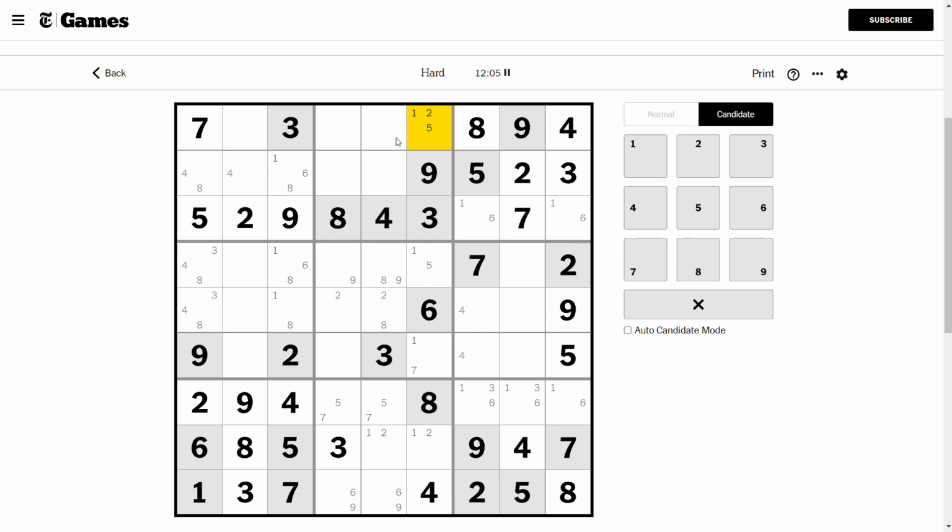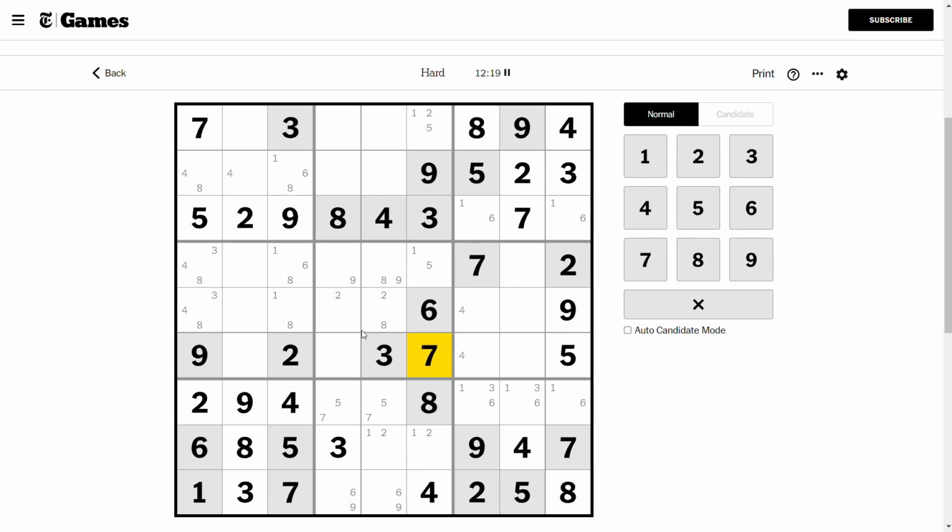And then, after the 7 is removed from the cell, because it sees this one, 7 can only be placed here now, because all these 3 cells see the 7s. So this can only be a 7. Place this. Hold up, that's not the last 7. Alright, but anyway, this 7 is placed here.